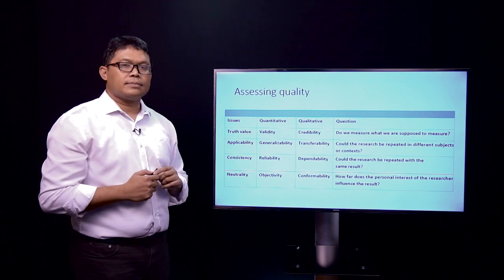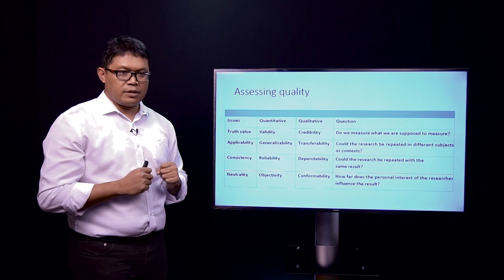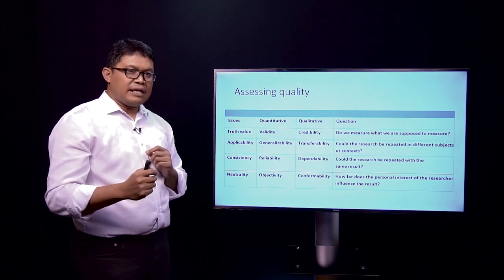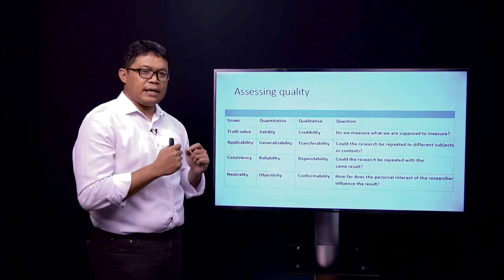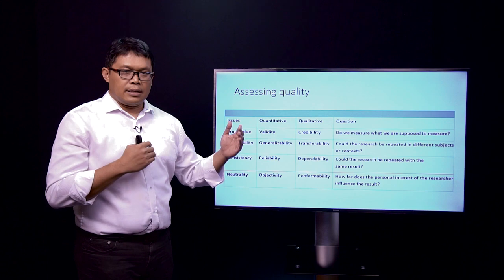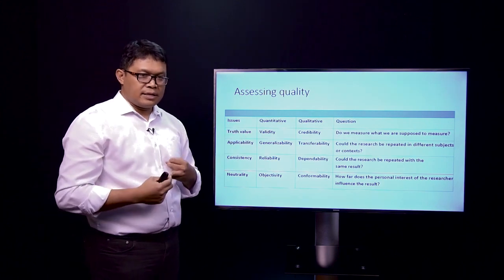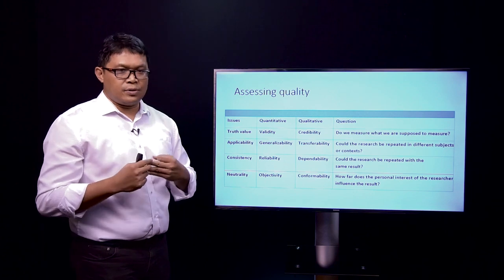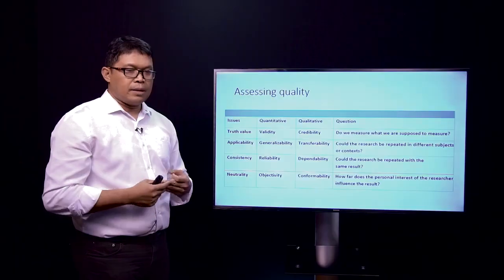At last, we also need to assess the quality of both methods. Some people think that qualitative study is not as scientific as quantitative study because of several issues, for example, sample size, statistical significance, and also the objectivity of the measurement.